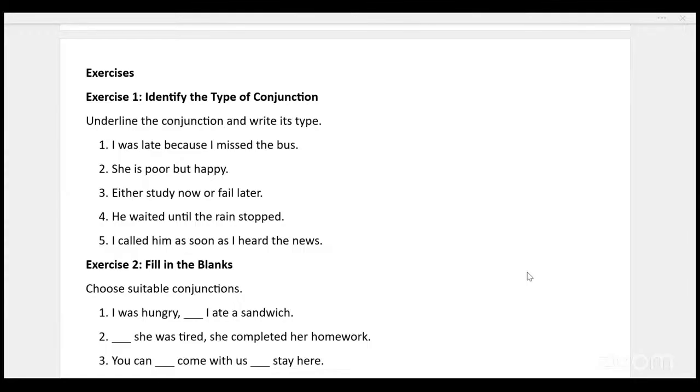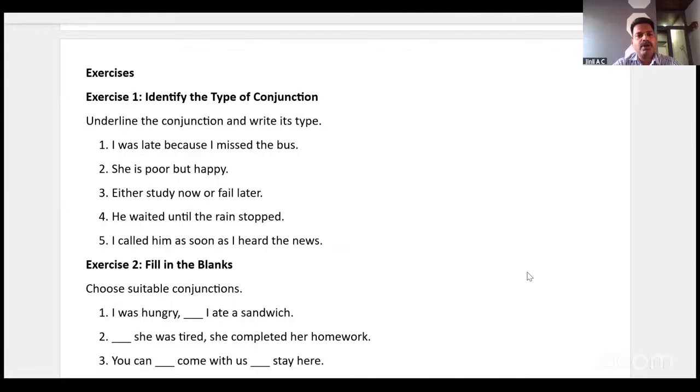Because. What sort of a conjunction is that? Is it a compound conjunction? It is a subordinating conjunction. Great, Madam Sarala, and great everyone of you.